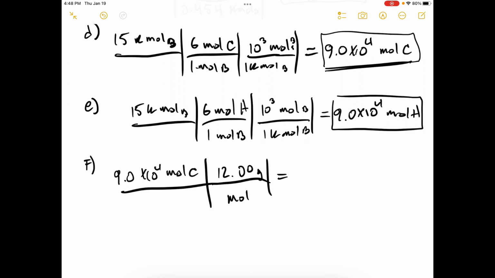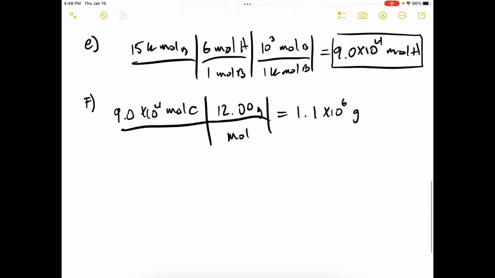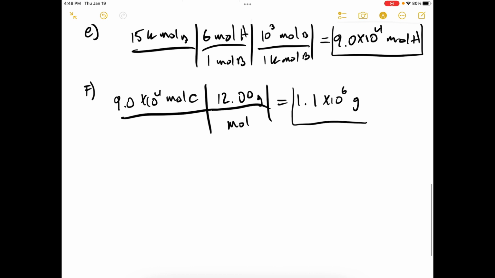And so that equals 1.1 times 10 to the 6 grams. Okay, and that's grams of carbon.